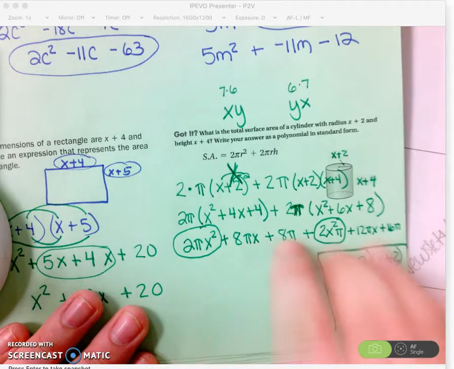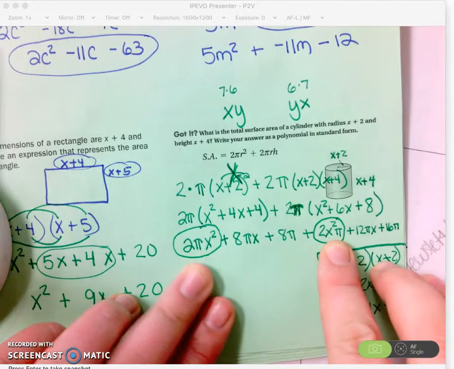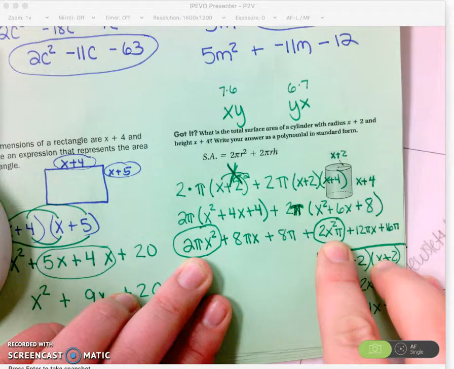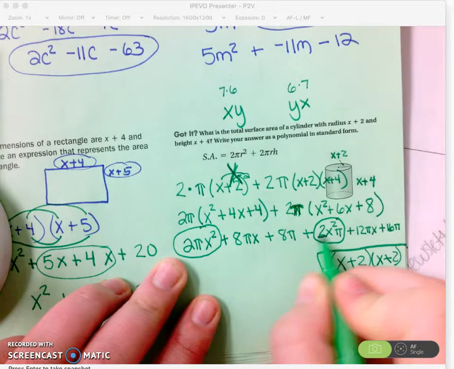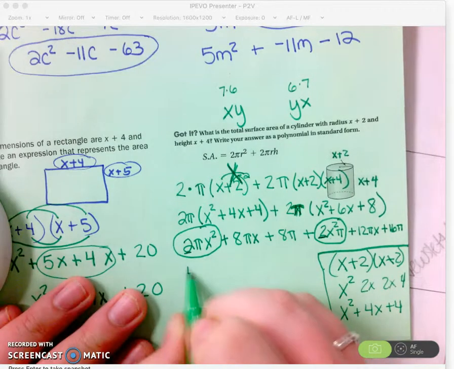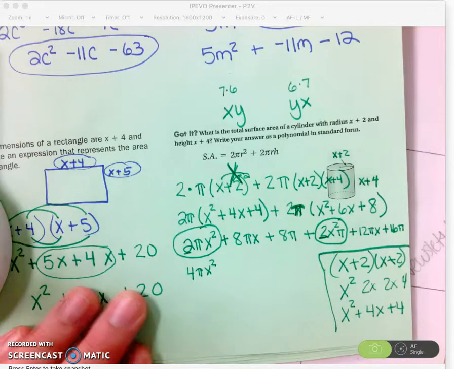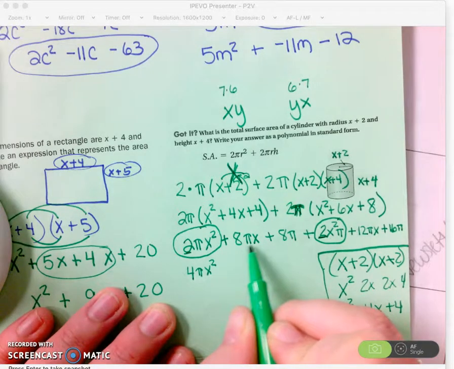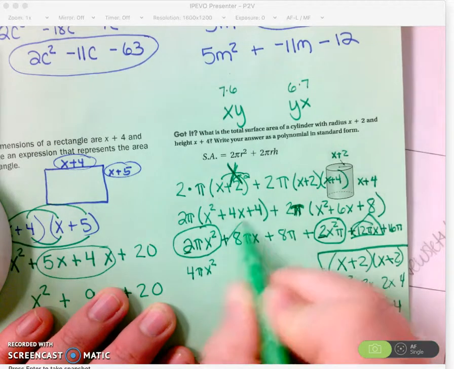Okay, so back here again, I'm going to combine these. Now I'm adding all these different terms. How many pi times x squareds do I have? Well, I have 2 here, 2 here. Remember, when you're adding, you're going to add their coefficients. So I have 4 times pi times x squared. And then just x and pi, I'm going to do triangle.